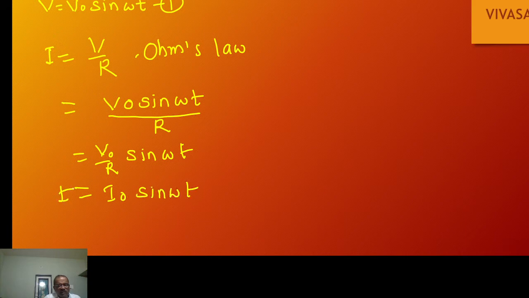This is equation number 2. Now compare both equations 1 and 2. When you observe, the phase difference is 0.